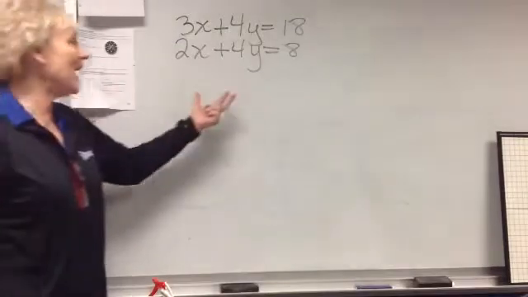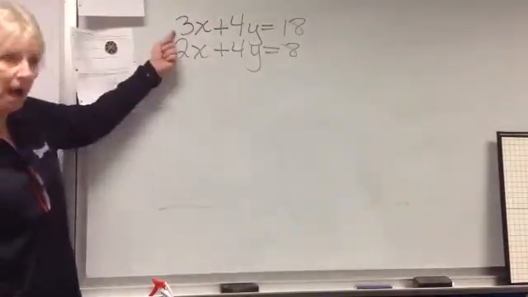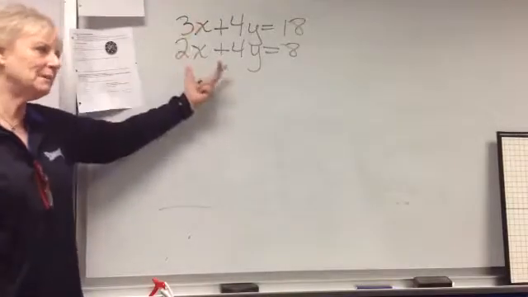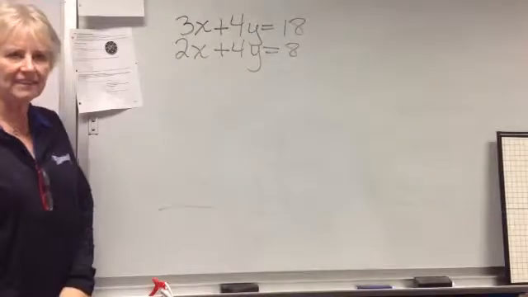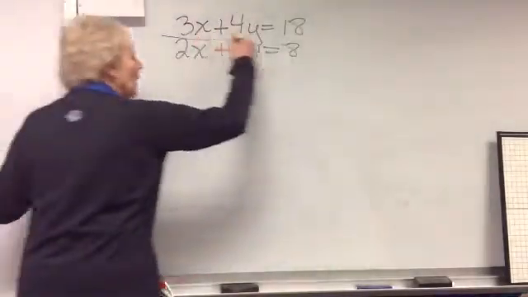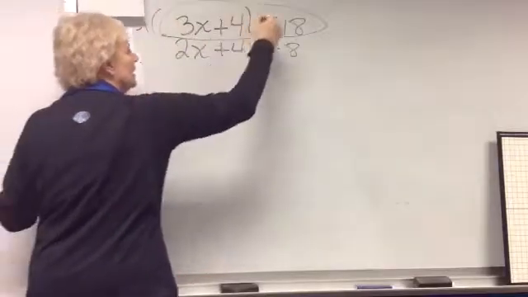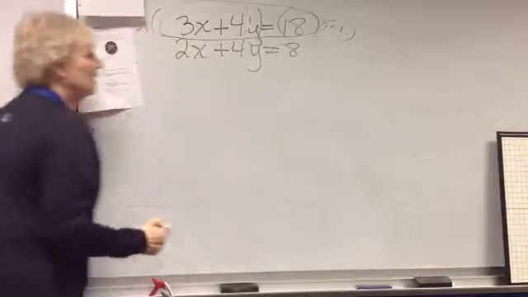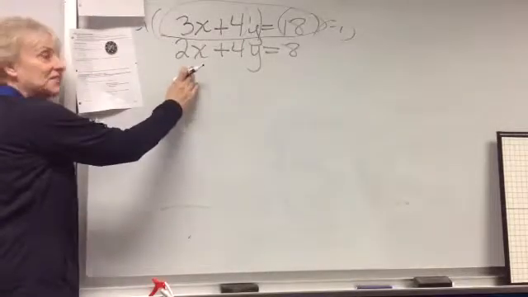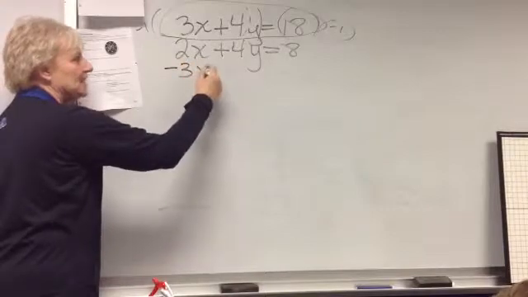So before we add, we need to create opposites. You can either make the top one negative, or you can make the bottom one negative. I always choose the top, so I don't have to rewrite everything. Because if I make this one all negative, in other words, multiply by -1, then I can just write it underneath. Multiply that by -1, I get -3x.